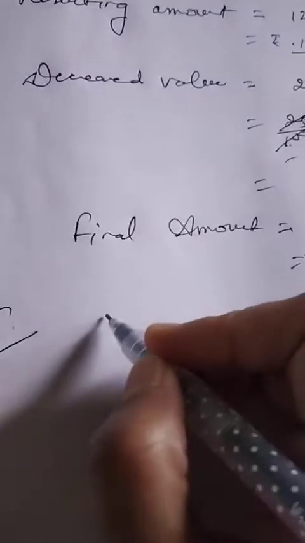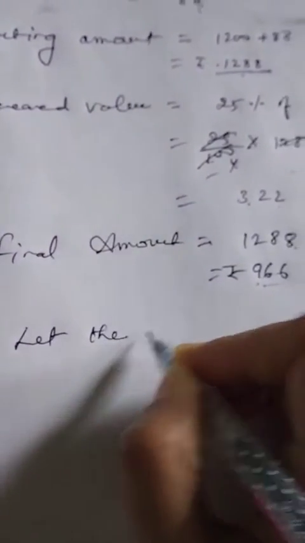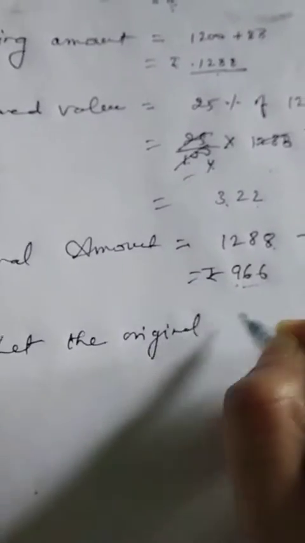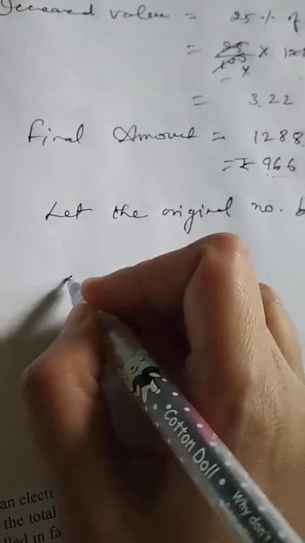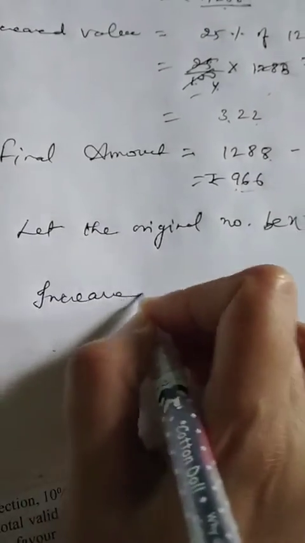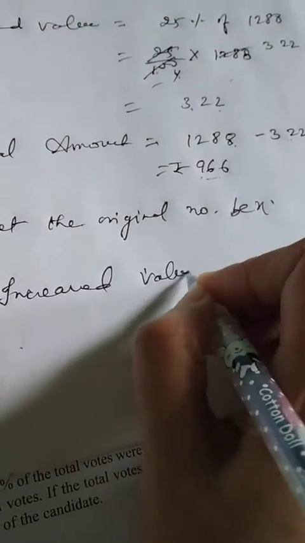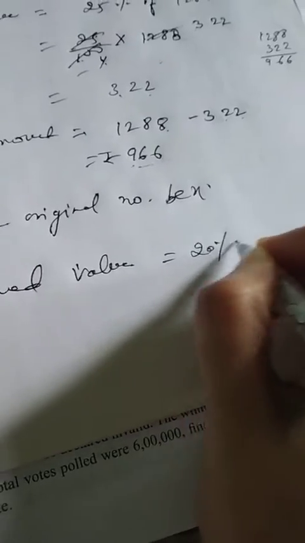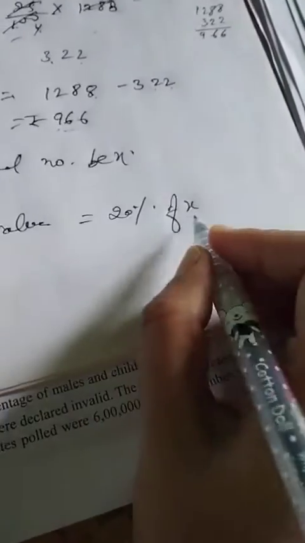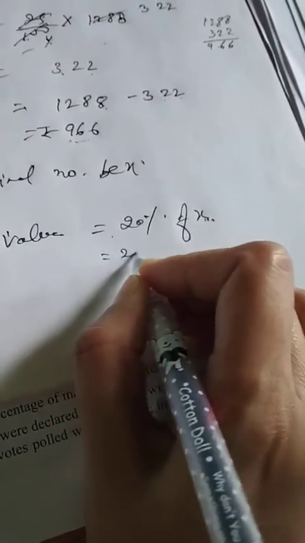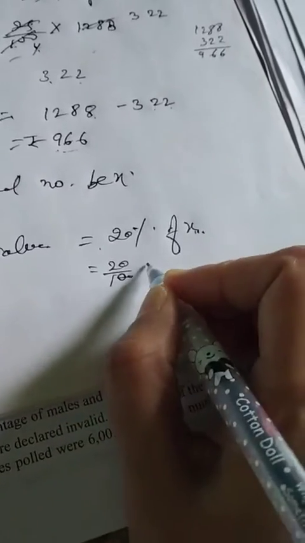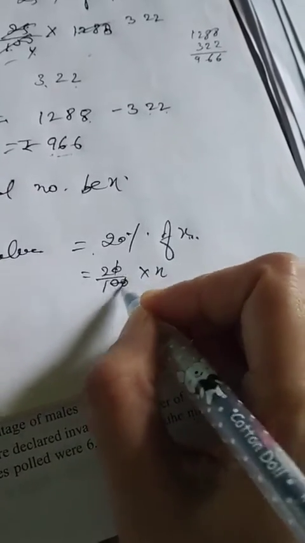You have to find that original number whose 20% is increased and the number became 1500. So we will let the original number be x, and we know it's 20% increased. So the increased value is equal to what? 20% of x, that is 20 by 100 into x. 2 5s are 10.